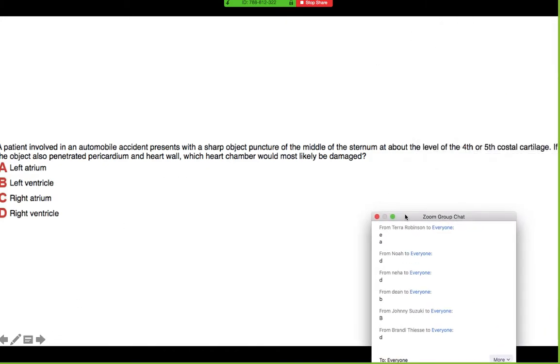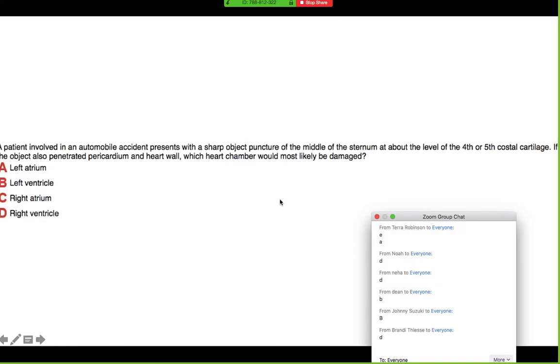Practice question. A patient involved in an automobile accident presents with a sharp object puncture of the middle of the sternum at about the level of the fourth or fifth costal cartilage. If the object has also penetrated the pericardium and heart wall, which heart chamber would most likely be damaged?